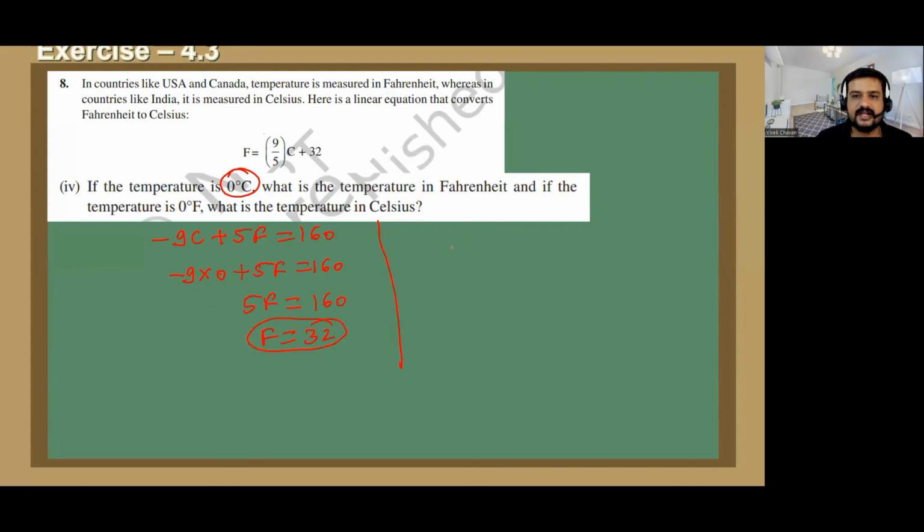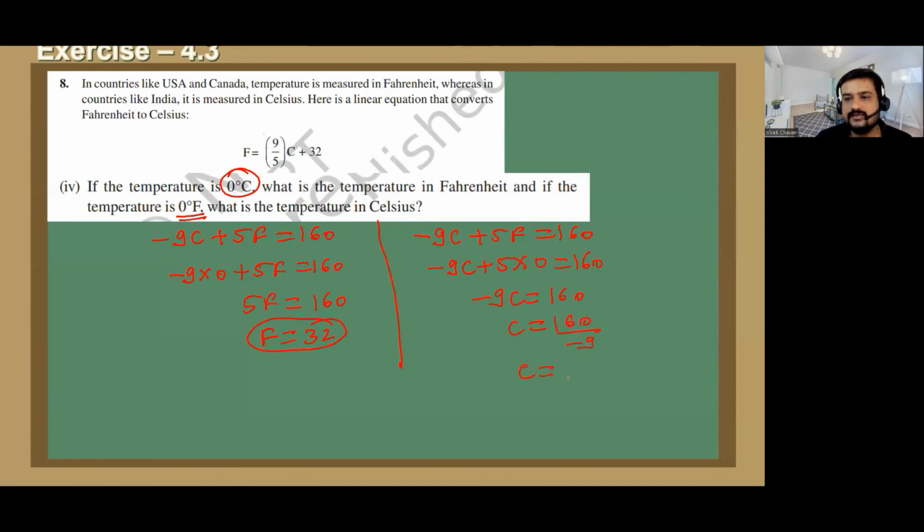Okay. And the second one, what they have asked, when the temperature is 0 degrees Fahrenheit. So again, our main equation is minus 9c plus 5f is equal to 160. So minus 9c plus 5 into 0, now in place of f we'll put 0, is equal to 160. So minus 9c is equal to 160. So c will be what? 160 upon minus 9.